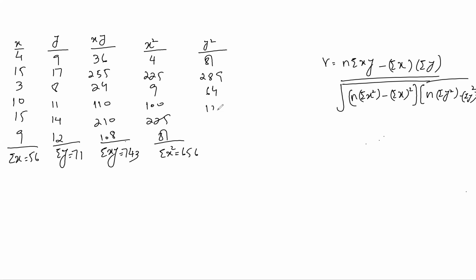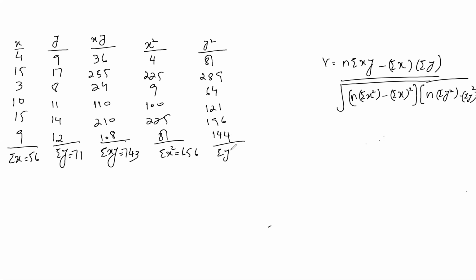y square is 81, 289, 64, 121, 196, 144. So if I take its sum, it will become 81 plus 289 plus 64 plus 121 plus 196 plus 144, which is 895.